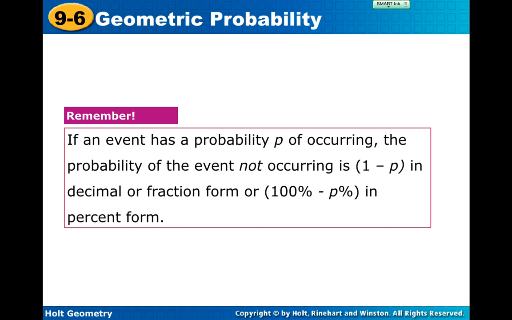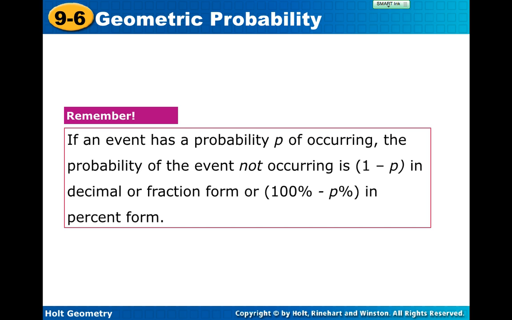The probability of something occurring and the probability of it not occurring differ by 100%, or in fraction form, the whole number 1. For instance, if they say over the weekend there was an 80% chance of rain, what's the chance that it was not going to rain? 20%. So those two probabilities add together to 100%.